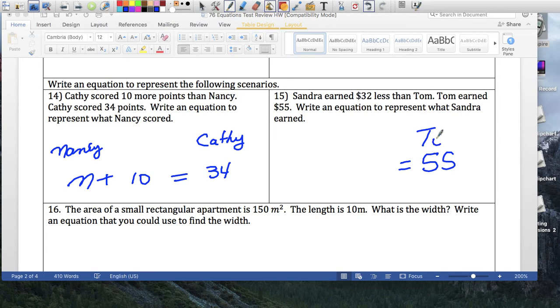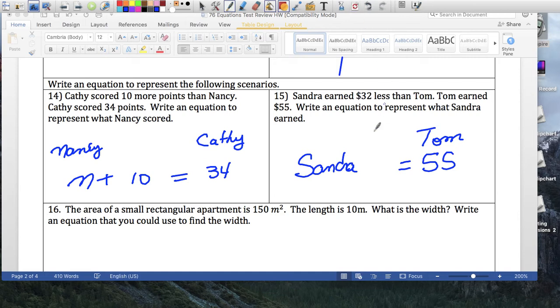Let's try 55 here. And that's what Tom earned. So let's use a combination of something with Sandra to give you Tom. So Tom earned definitely more. Whatever Sandra earned, no, hang on a second.